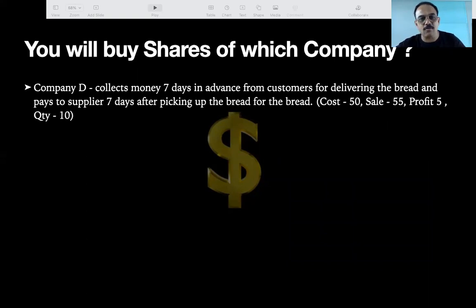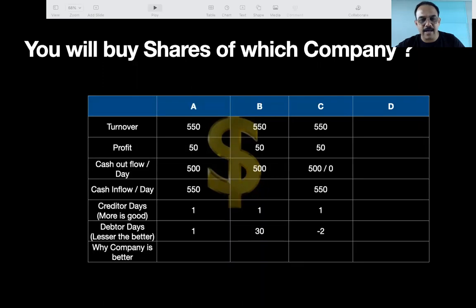I'll come for doubt clearance once we are through with the fundamental analysis. Why was cash flow 0? For C, no cash outflow per day.